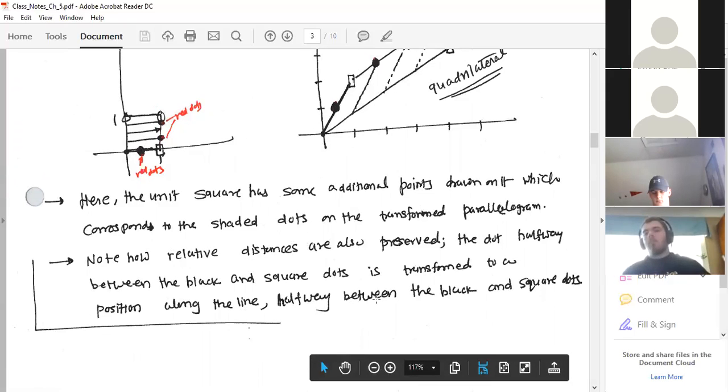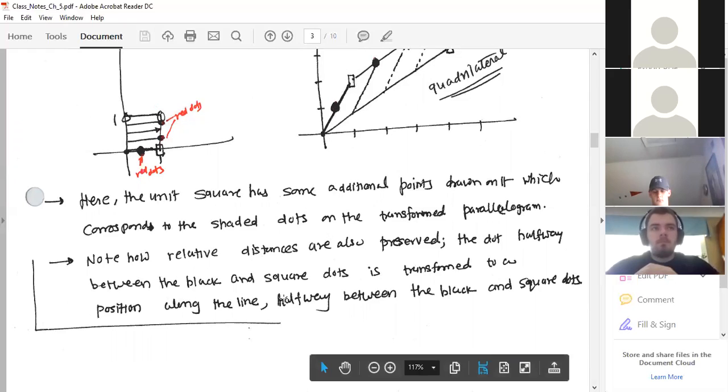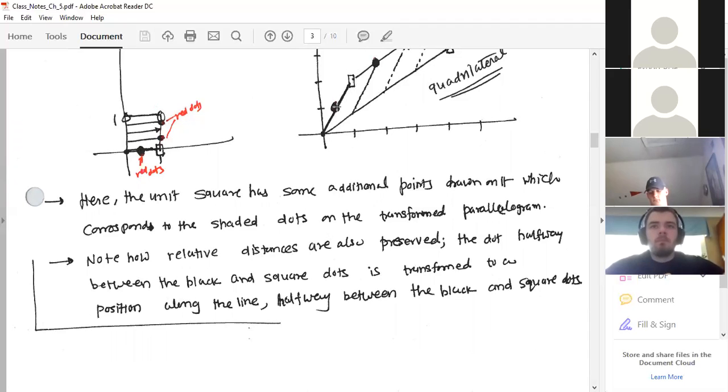Then the dot halfway between the black and the square dots, this is the black and this is the square dot, is transformed to a position along a line halfway between. So this dot that is halfway between, somewhere over here, halfway between the black and the square dot.